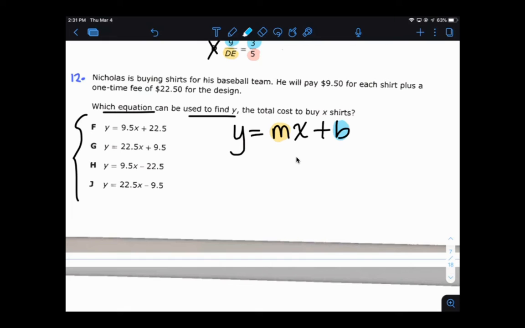To identify m, there are three keywords that might be used in the word problem. We're going to look for per, each, or every, right? So usually your constant rate of change, which is m, is identified in the story with the keywords per, each, or every. To identify b, which is another constant, usually it happens in the story one time.